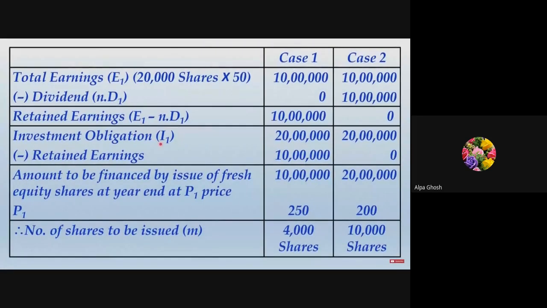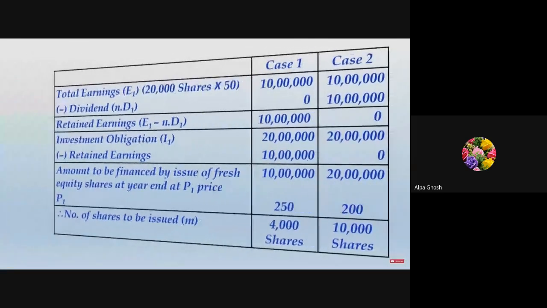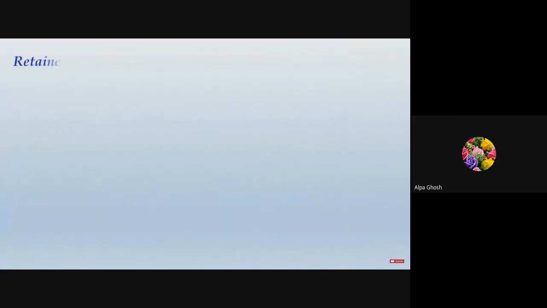When you subtract that from I1, you get this shortfall. And that shortfall, when you divide by P1, which is the share price at year end, you will get the number of shares to be issued by year end, which is the variable M. If you have understood this much, let me take you ahead and show you that retained earnings was written as E1 minus N into D1.